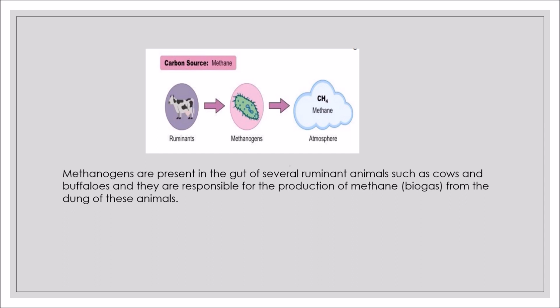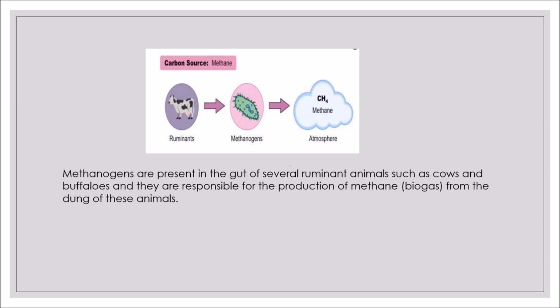Ruminant means those animals which take up food and chew, store it in the gut, and after some time bring the food back up and start chewing again. Camel, cow, and buffaloes are ruminant animals.